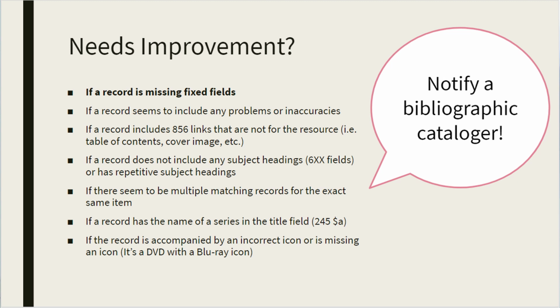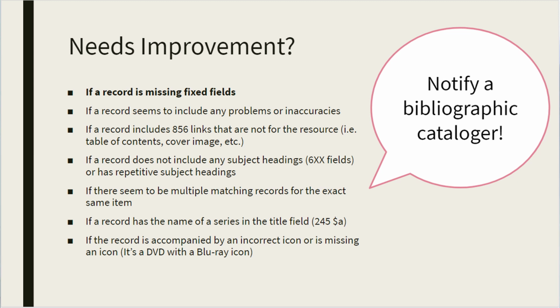If a record doesn't include any subject headings or it has repetitive subject headings, if it says 3 times that it's about frogs, that's not good. If you seem to have multiple records that are for the same exact thing, or if a record has the name of the series to which it belongs in the title field in the 245.